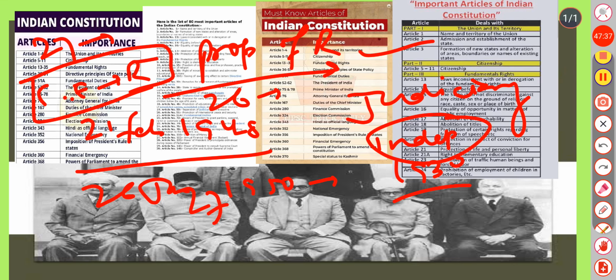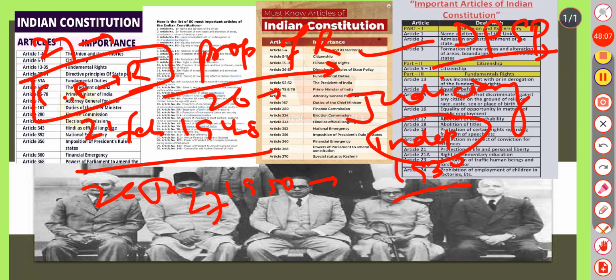So let's move to the Directive Principles of State Policy, that is DPSP, right. Under this, Article 36 defines it, and Article 37, application of the principles contained in this part. Article 38, the state shall secure a social order for the promotion of welfare of the people.